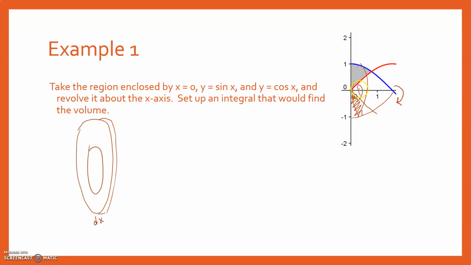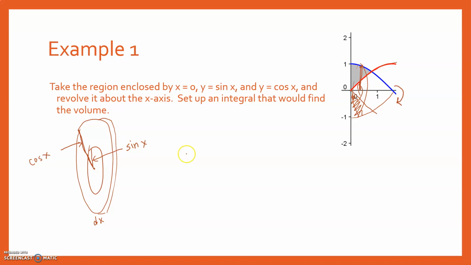The hole is caused by this curve that's closer to the x-axis, which would be sine, because I know sine starts at 0. So the hole is caused by sine of x, and the outside radius of the entire washer is caused by cosine of x. All the way from the x-axis up to that blue line would be cosine x.